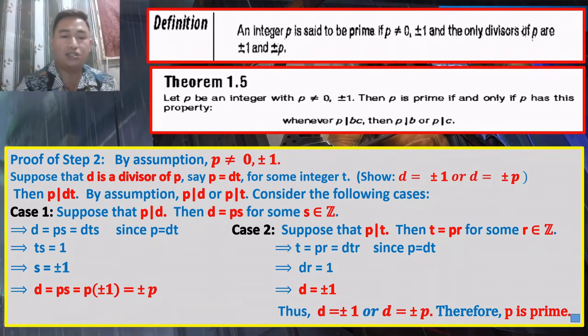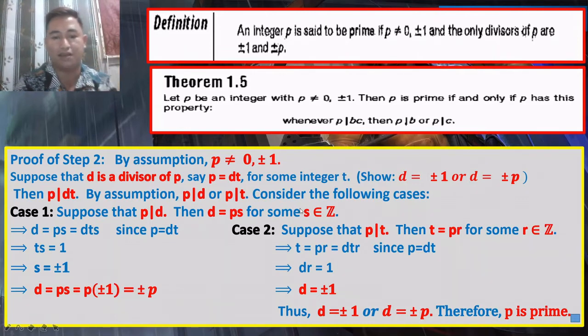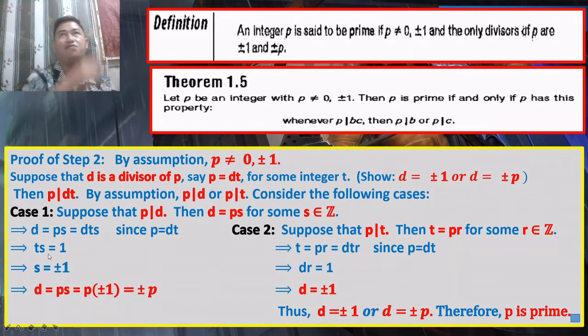S and T are integers. So what integers divide 1, or are factors of 1? Either TS is 1 times 1 or negative 1 times negative 1. Hence S is equal to positive or negative 1.